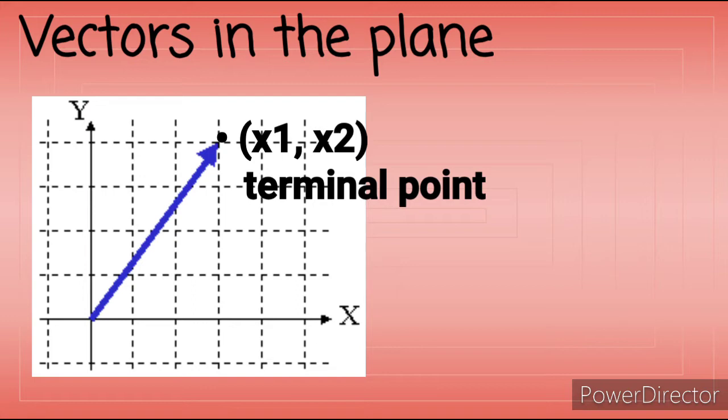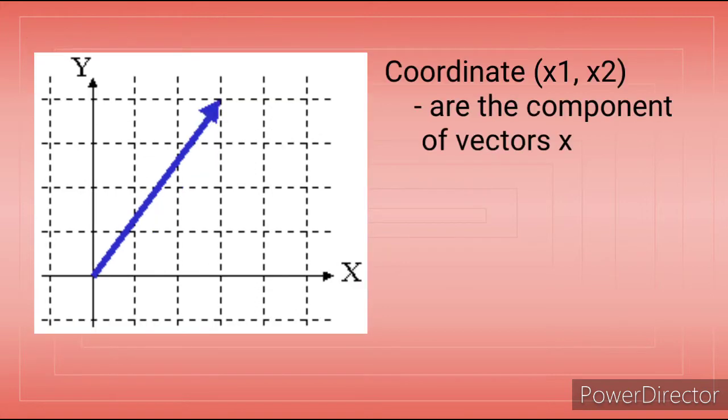A vector is represented by the same ordered pair used to represent its terminal point. x = (x1, x2). x1 and x2 are the components of vector x.